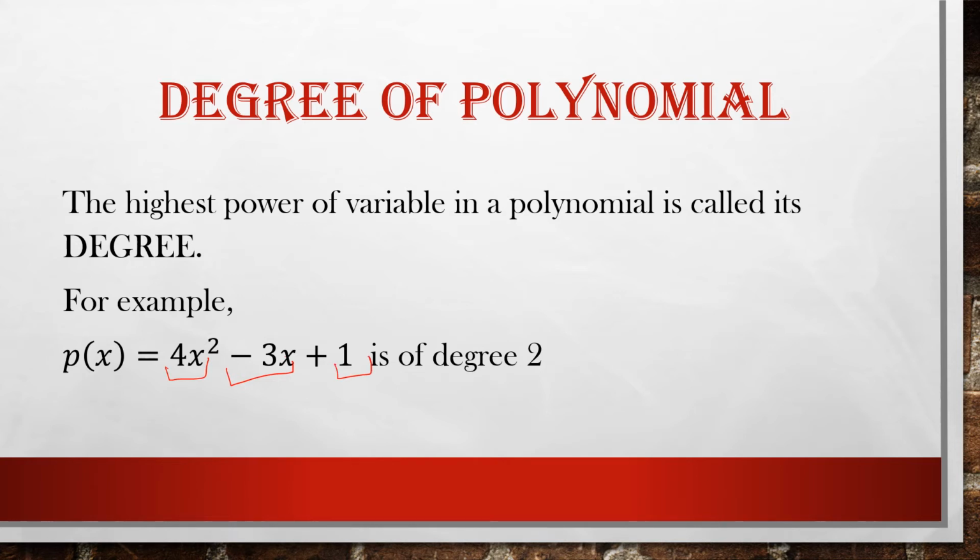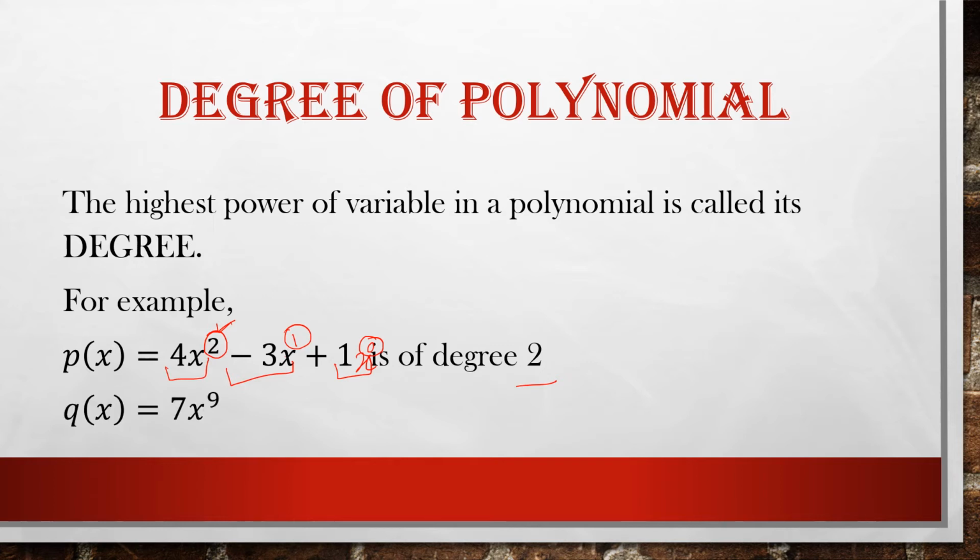Here the exponent on this x is 2, here it is 1, and since there is no variable, we can consider it to be x power 0. Now these are the exponents 2, 1 and 0. Which is the highest exponent? It is 2. So we can say the degree of this polynomial is 2. We just have to see the highest exponent of the variable in each term.